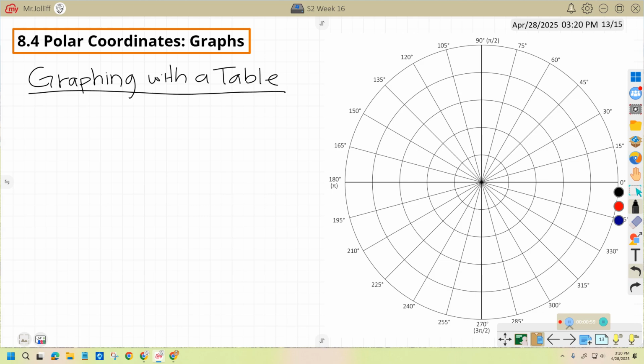So we're going to do this with the example that we just used in our warm-up. r equals -2 cos theta.